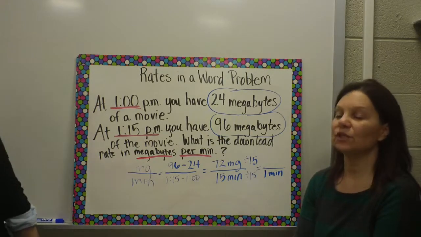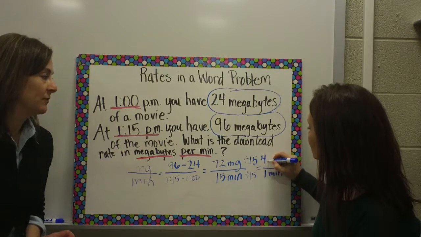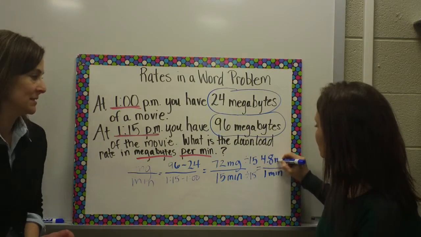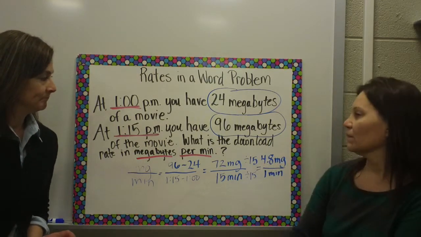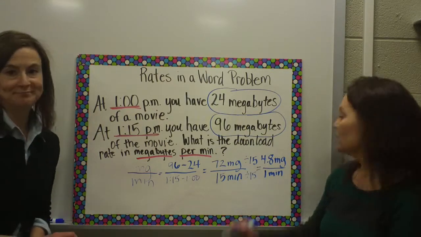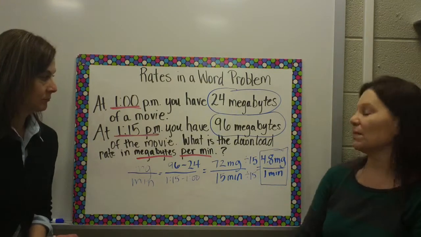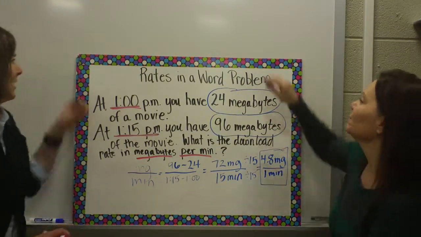And I have 72 divided by 15, which is going to be 4 8/10, or 4.8 megabytes. So the question said, what is the download rate in megabytes per minute? So my computer can download 4 8/10 megabytes every minute.